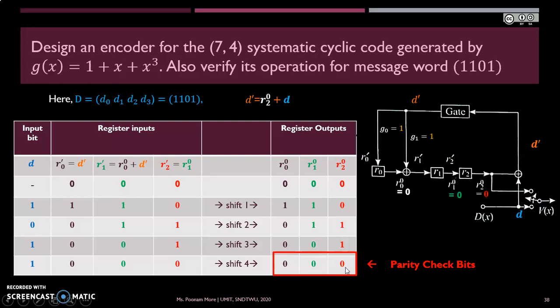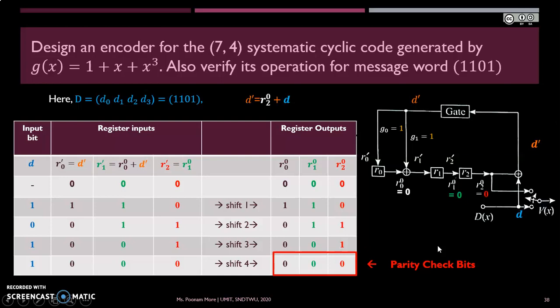If you apply the method of getting parity bits by using the steps that we have discussed in the last tutorial to get systematic code vectors for the cyclic code, you will observe that the parity bits are coming out the same. So by using those steps as well as by using the encoder, you can verify whether you are getting the same results or not. Obviously the results will be the same.